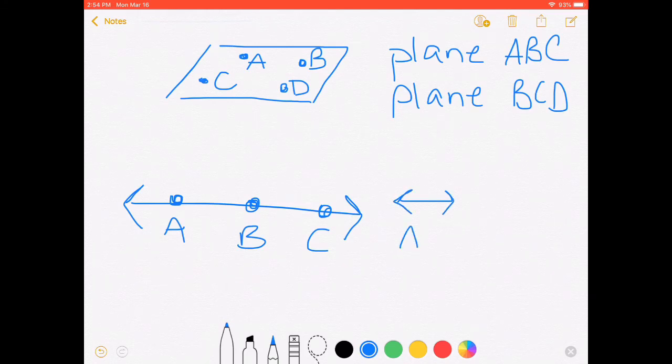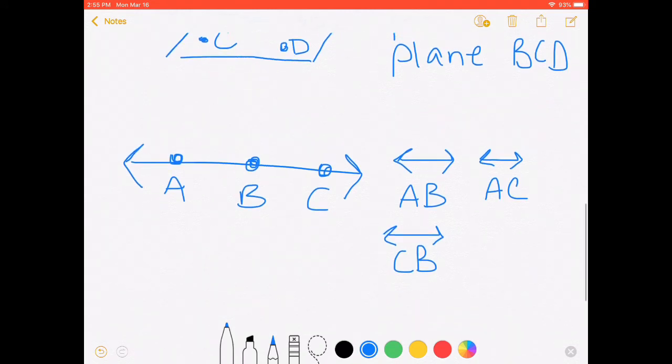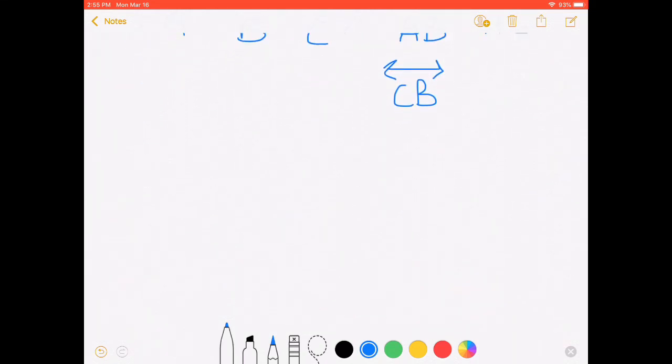This could be line AB, or it could be line AC, or it could be line CB. So any combination of 2 points on that line would be okay to use to name that line.